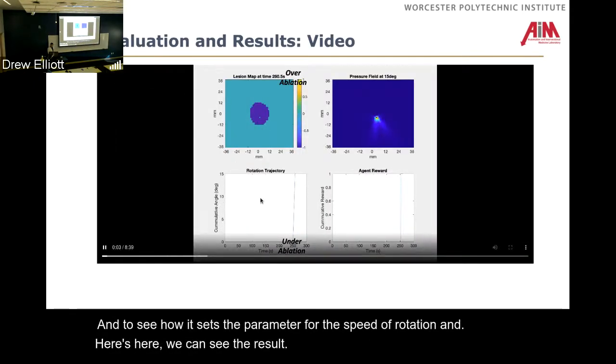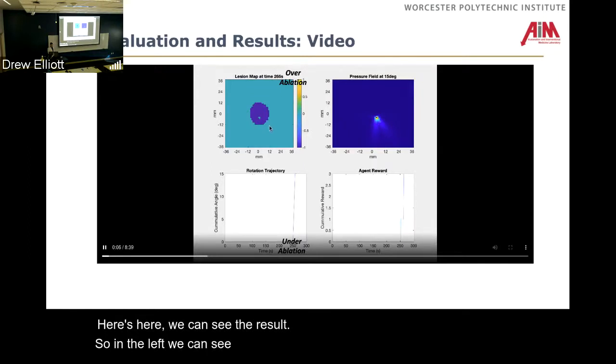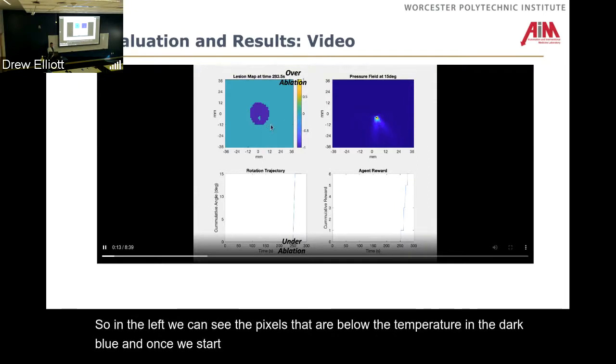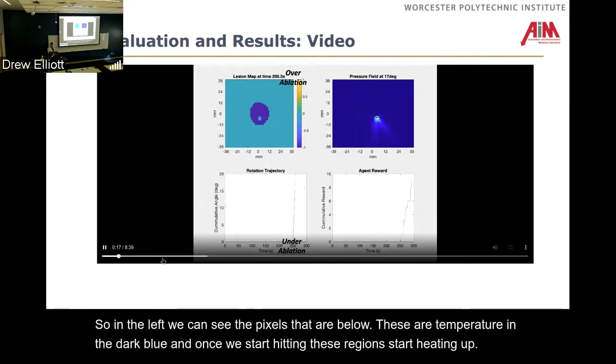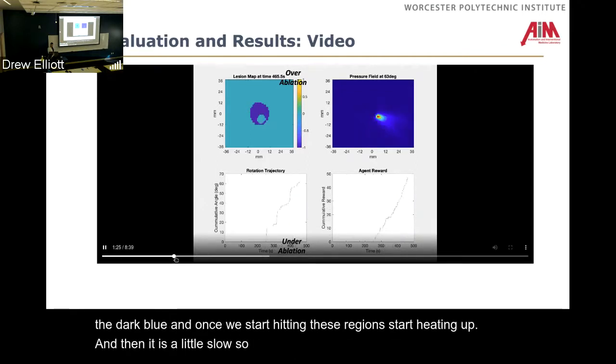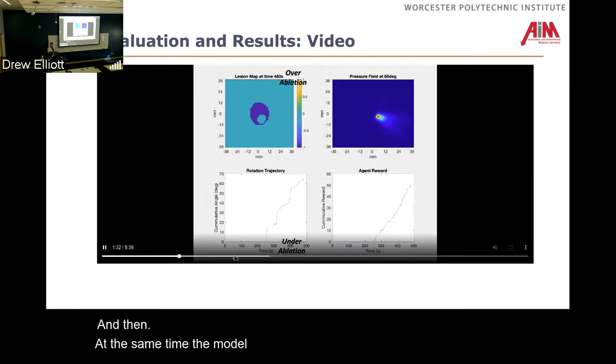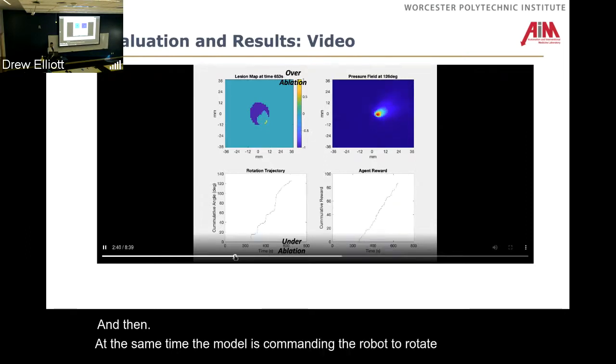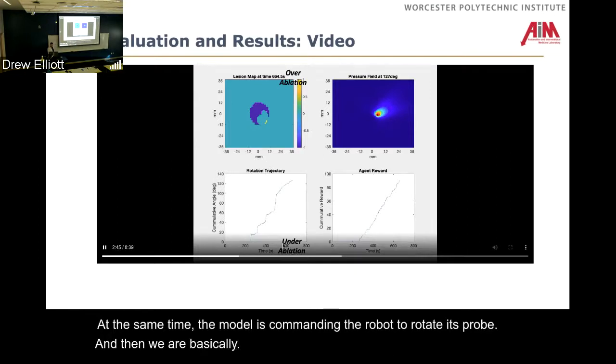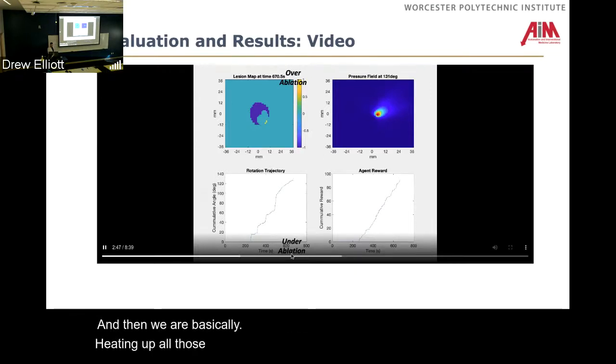So on the left, we can see the pixels that are below the desired temperature in dark blue. And once we start heating, these regions start heating up. It is a little slow, so I'm just going to go forward. At the same time, the model is commanding the robot to rotate its probe, and we are heating up all those desired pixels, starting in dark blue.